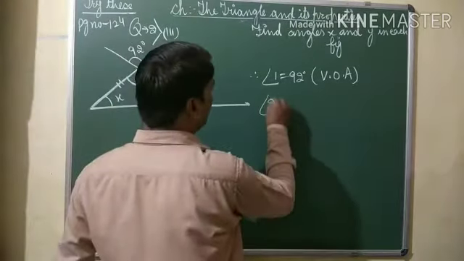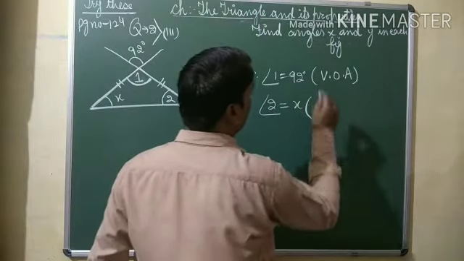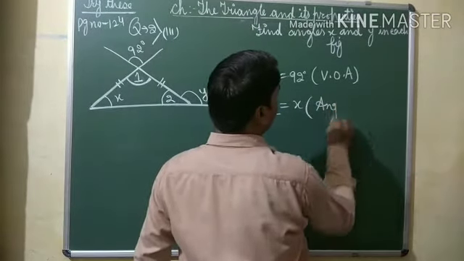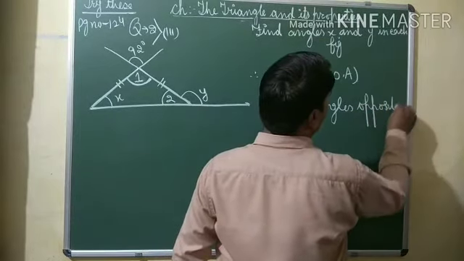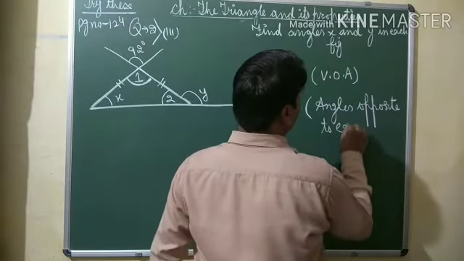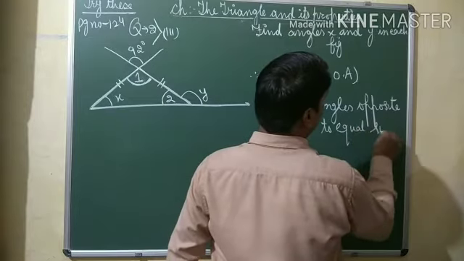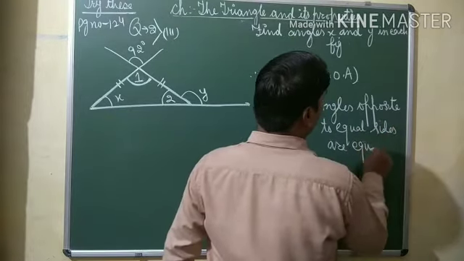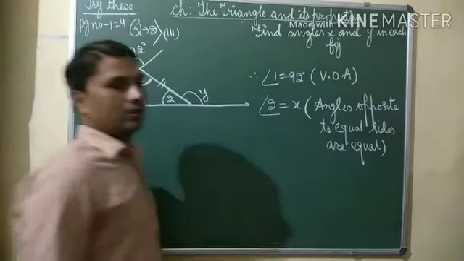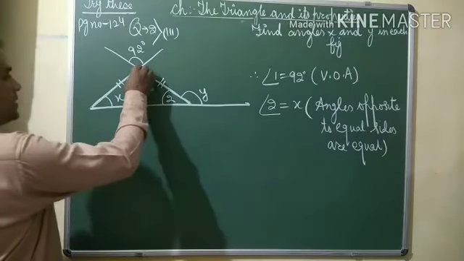Therefore, angle 2 is equal to x because angles opposite to equal sides are also equal.